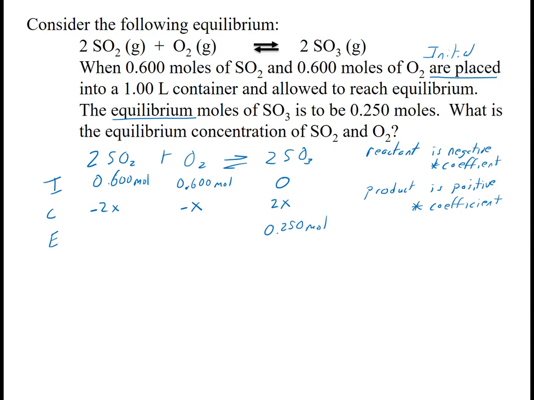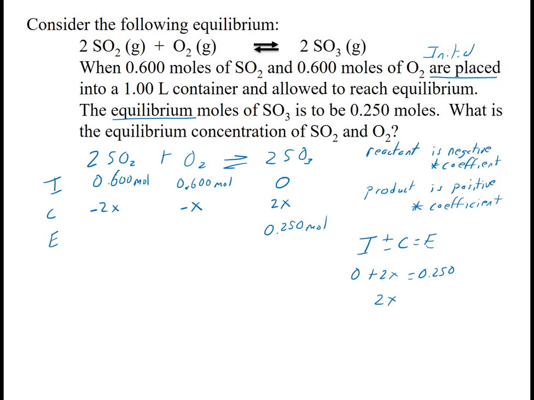And it's the SO3. So I plus or minus C is equal to E. So it's 0 plus 2x, because this is positive, is equal to 0.250.